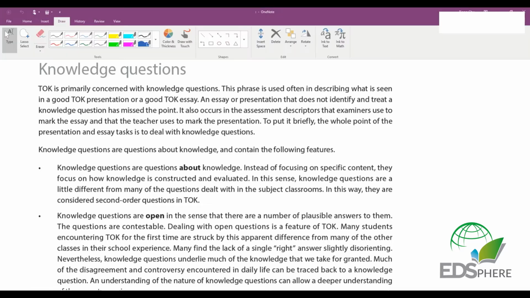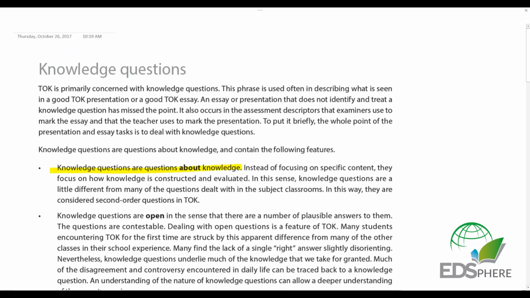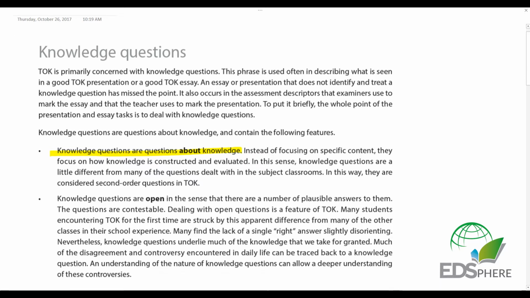So what we're able to take out of that is this. Knowledge questions, KQ, are questions about knowledge. You also need to understand that what we're trying to do is construct or evaluate knowledge.